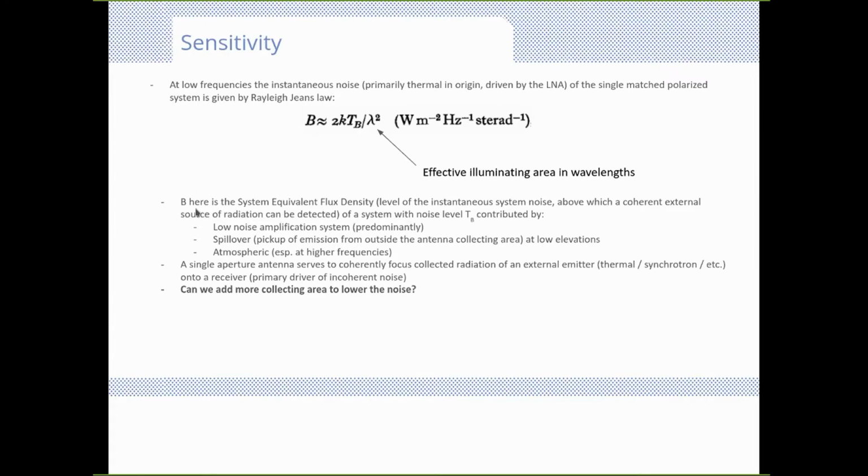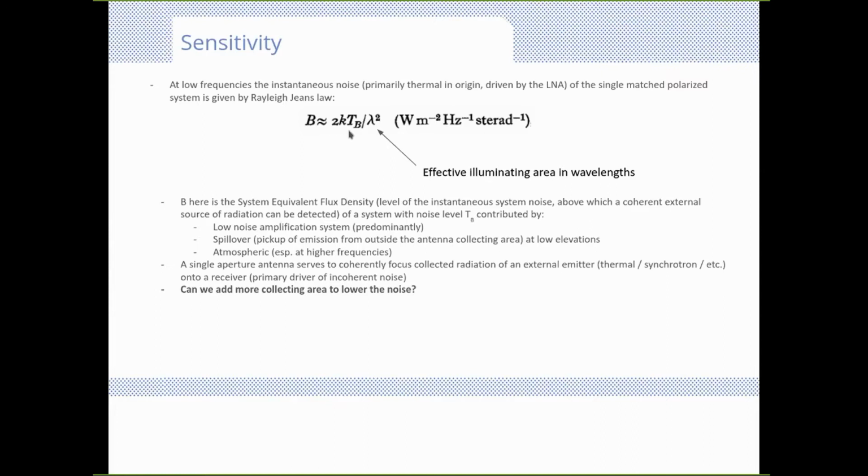Now, this quantity is known as the system equivalent flux density, the SEFD, and you'll see this throughout the literature. All this indicates is essentially the level of the incident noise on the system, and above this level we'll be able to detect sources of coherent external emission, so a source on the sphere, for instance.